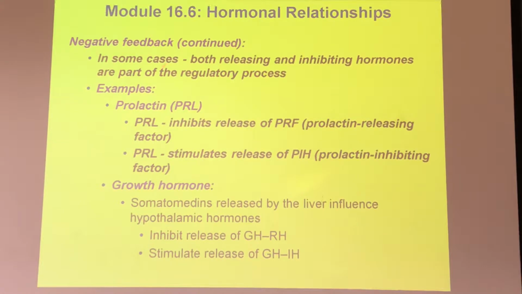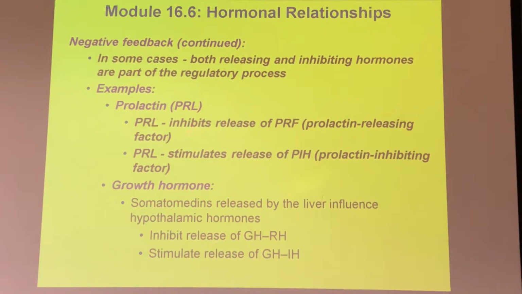So negative feedback, in some instances, both releasing and inhibiting hormones are part of the regulatory process. So if they need a releasing hormone, they will release the releasing hormone. If they need to inhibit that, then they will release an inhibiting hormone. And the example is that prolactin inhibits the release of PRH, which is prolactin releasing hormone.